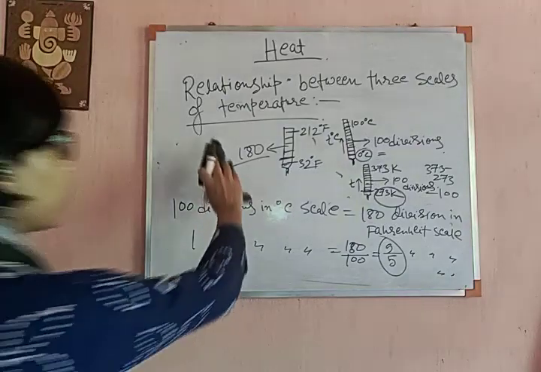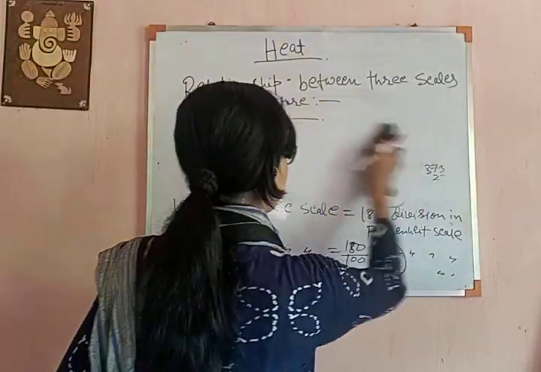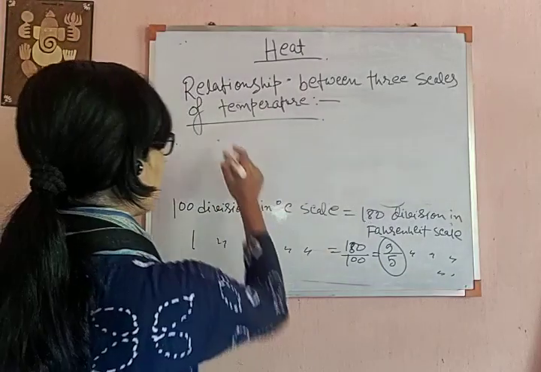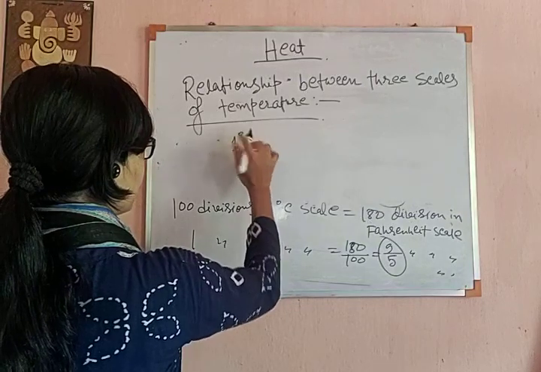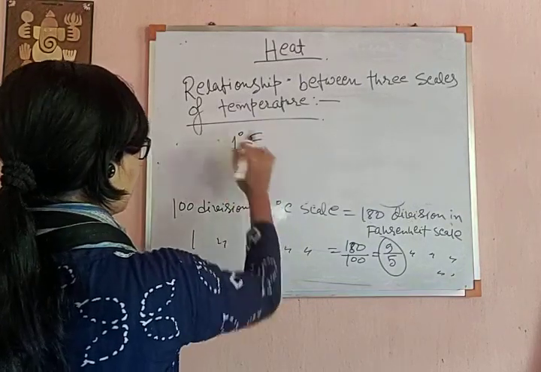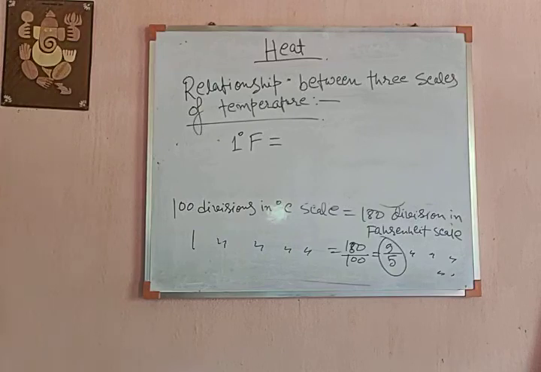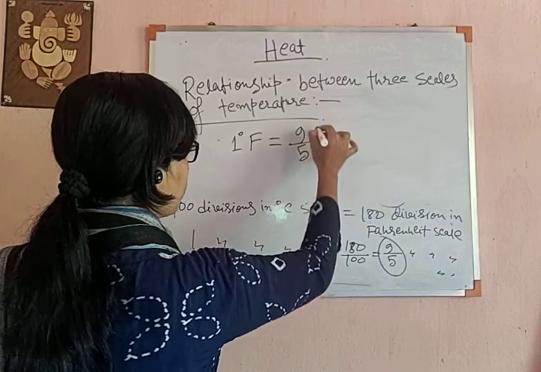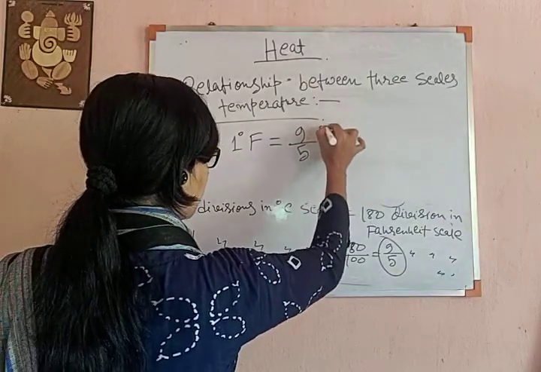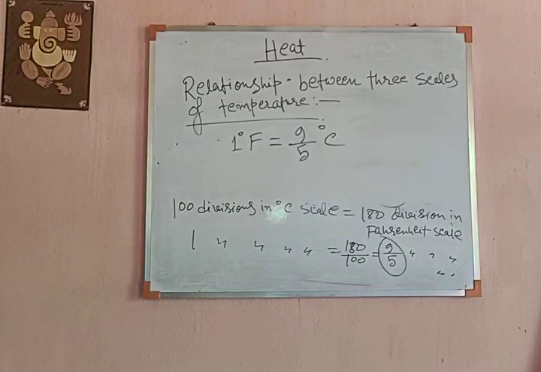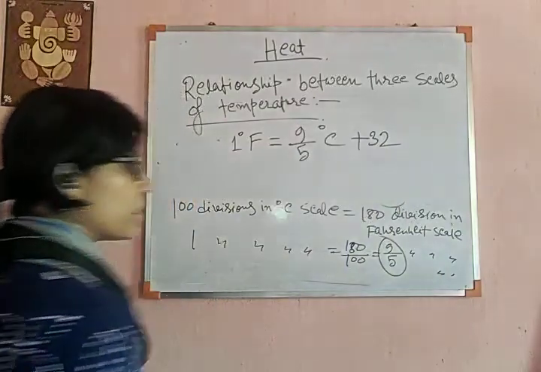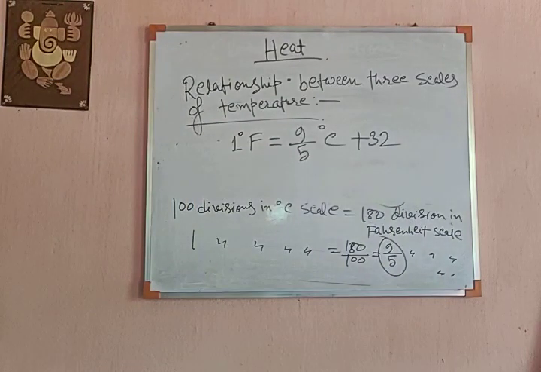So in that case we can write that 1 division in Fahrenheit scale, 1 degree Fahrenheit is equal to 9 by 5 times that of degree Celsius, plus 32, because the 0 degree Celsius is the starting point in Celsius scale and the starting temperature in Fahrenheit scale is 32.